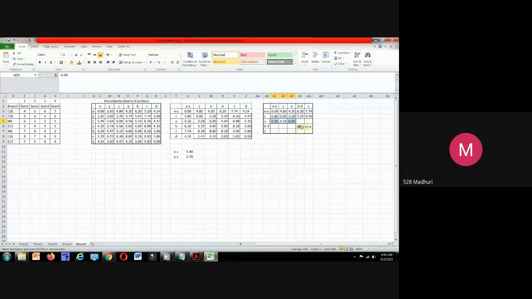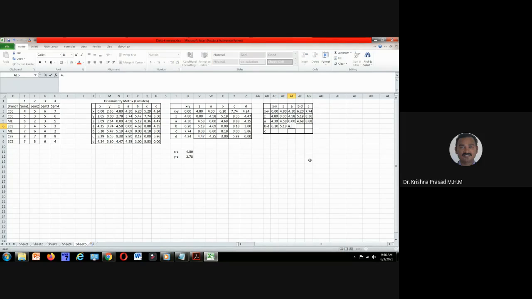Next, tell me 4.69, sir. 4.69. A to C is 8.8. 8.80. Very good. B to D and X to Y is same. Right or not? 6.20 only. B to D, Z. Z to BD is 5.19 because of the symmetry.